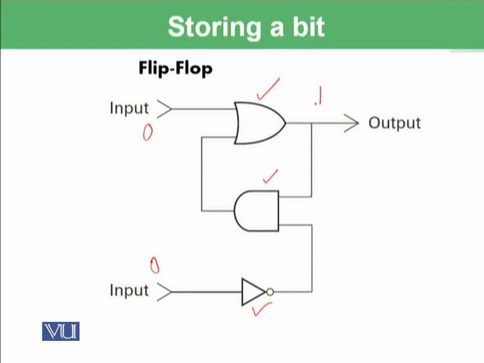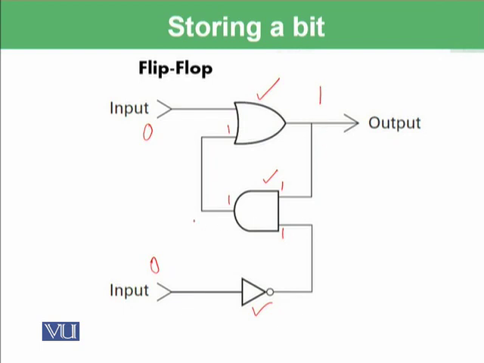Here we have 1. 1 is coming here. 0 is becoming 1 here. This 1 into 1 becomes 1. And we have here 1. Then 0, 1 is going into the OR gate, which is producing the same output as 1.